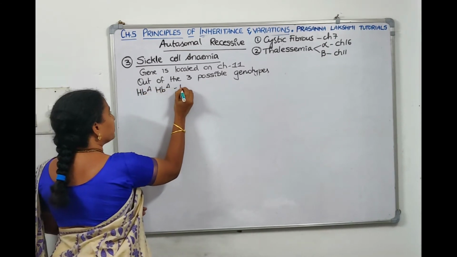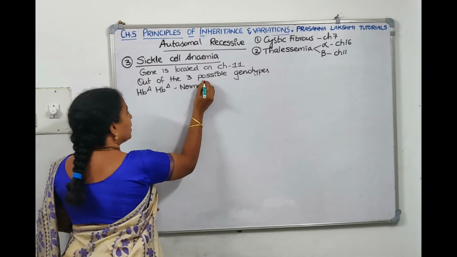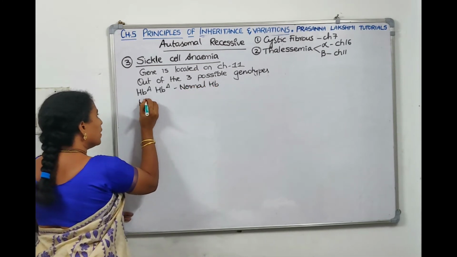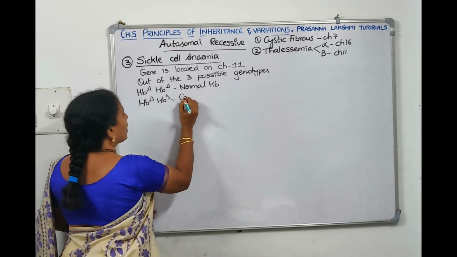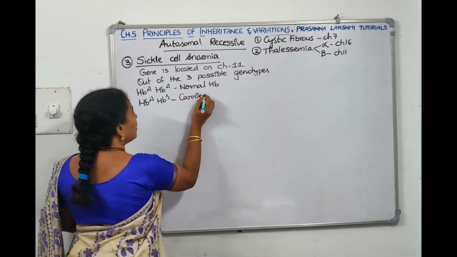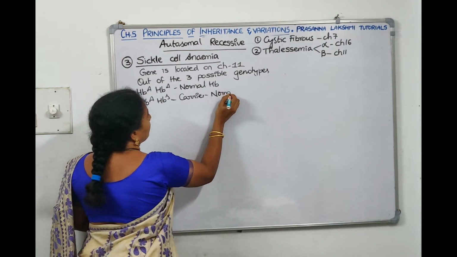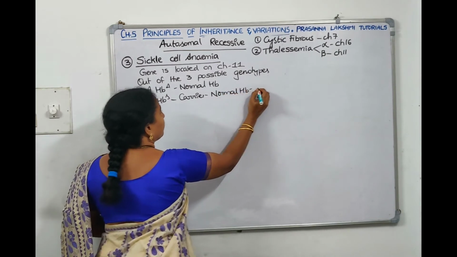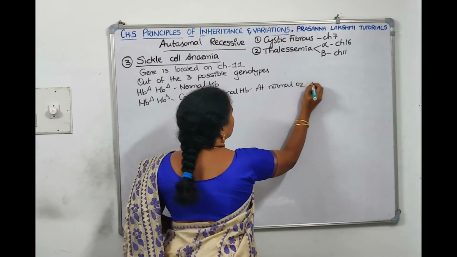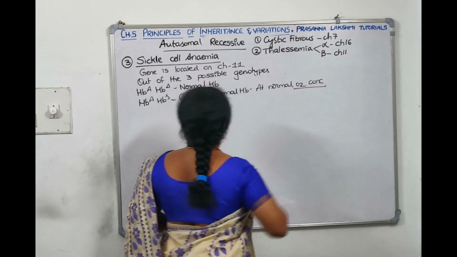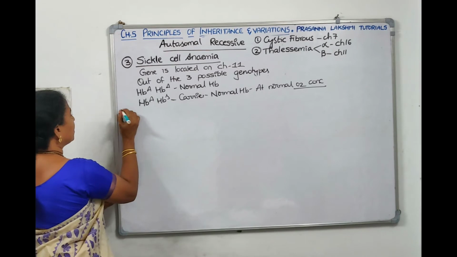HbA people will have normal hemoglobin, whereas HbA and HbS people, who are called carriers, will also have normal hemoglobin at normal oxygen concentrations because HbA is dominant.